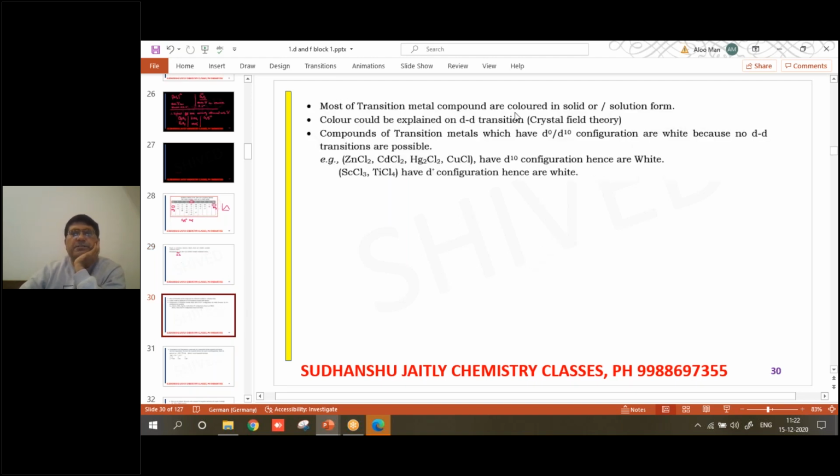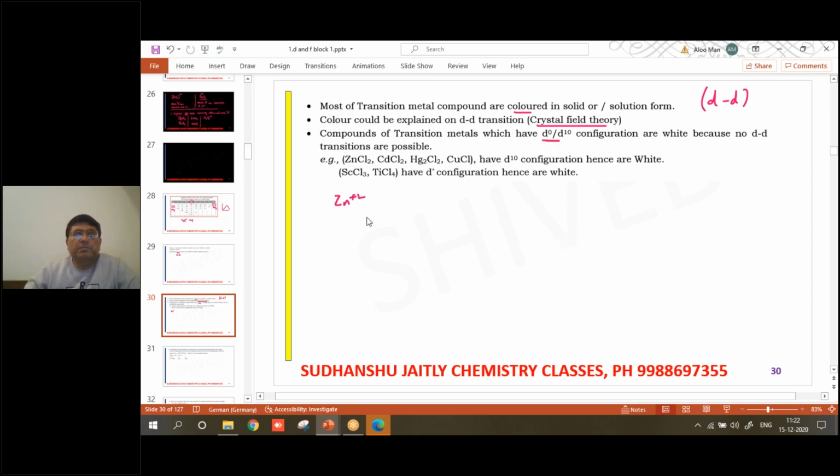Most of the transition metals are colored in solid. Refer to coordination compounds, d-d transitions, t2g to eg, eg to t2g. We have discussed color there, right? The color can be explained on the basis of d-d transition. But remember, d0 and d10 are going to be white.